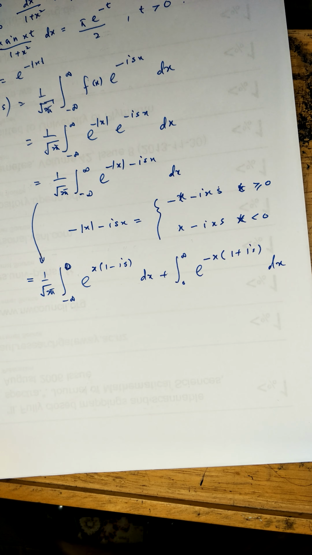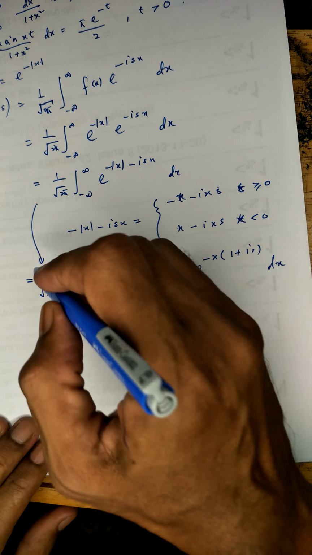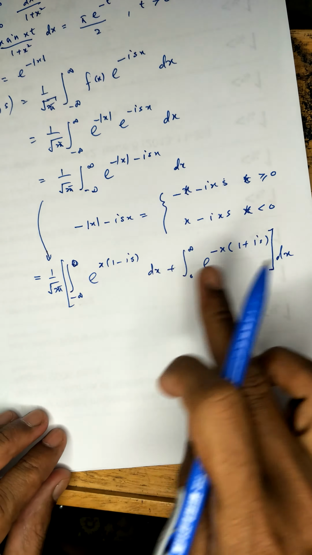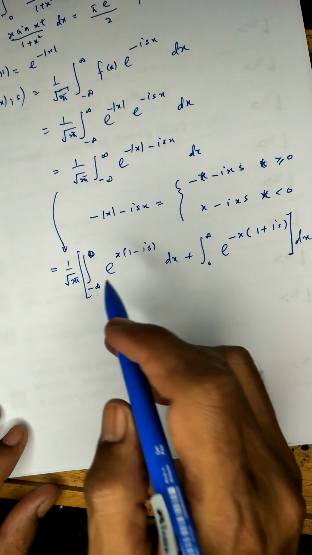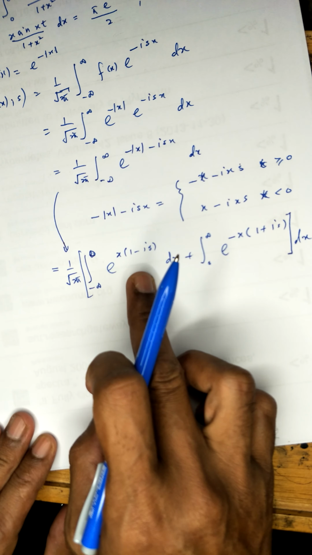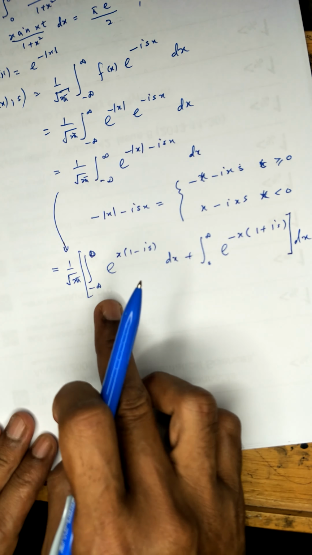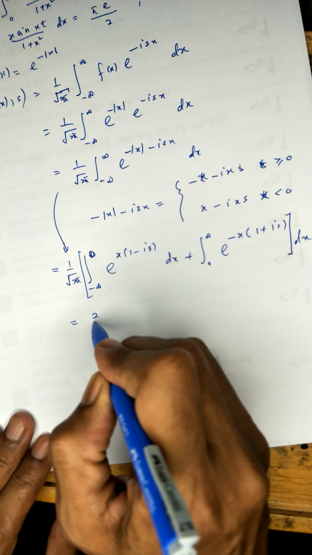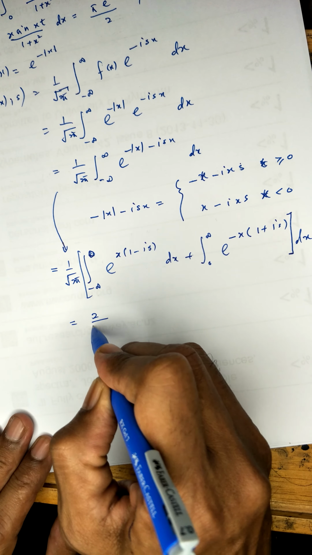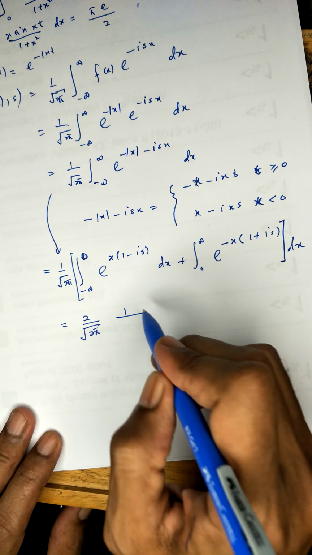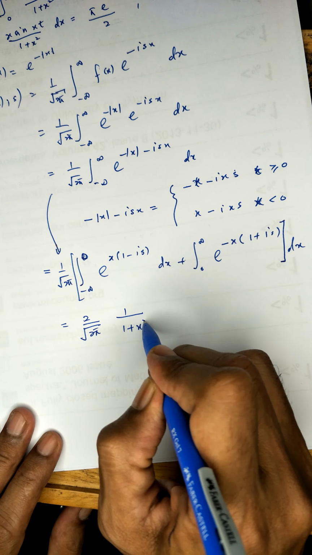It's not difficult to evaluate these things, so I just give you the result. You take the limit, so you have square root of 2 over pi times 1 over 1 plus s squared.